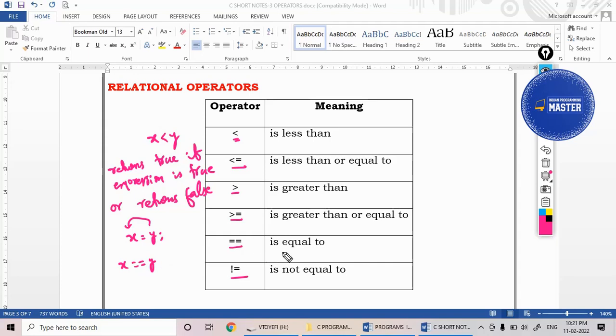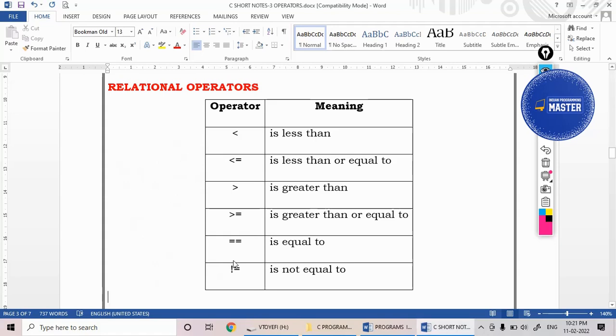It checks whether both x and y are equal or not. If both are equal, it returns true. If they are not equal, it returns false. Opposite to equal is not equal, which can be written like this. These are all relational operators.